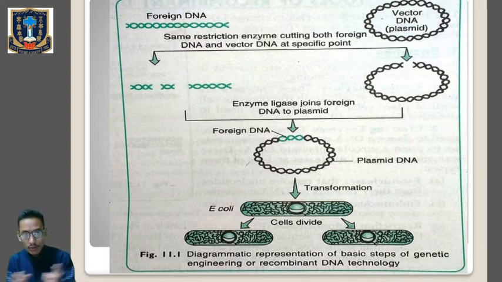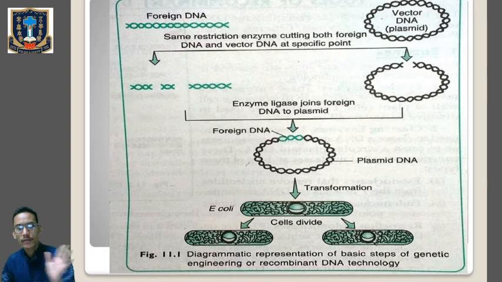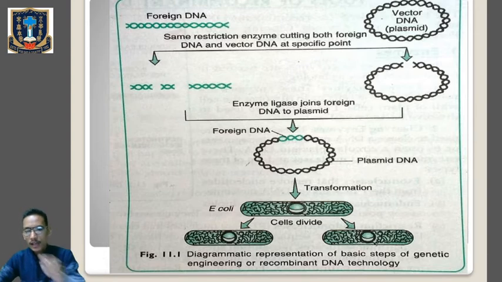The same restriction enzyme will be utilized to make a cut on the foreign DNA and on the plasmid vector. Clear? By this way we have created a segment of DNA having the gene of interest, and similarly we have made a cut on the plasmid vector also.